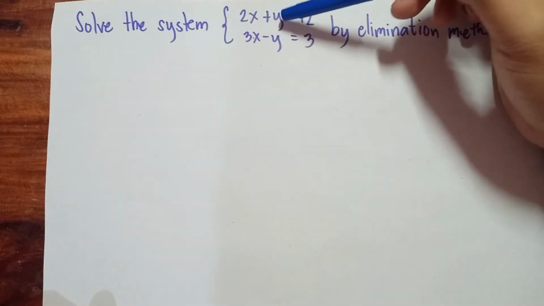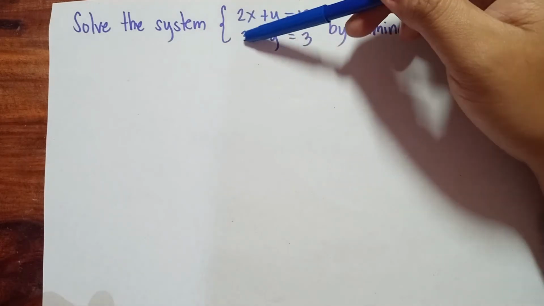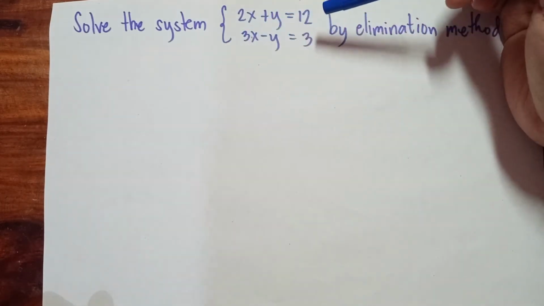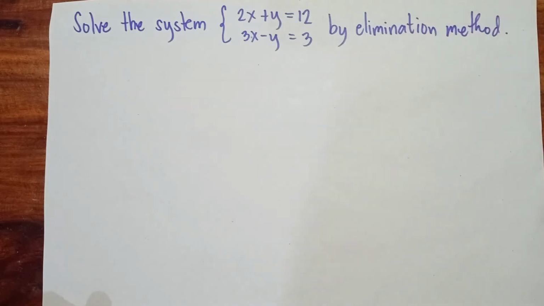So we have here 2x plus y equals 12. So naka-standard form yan mga boss. Next, the other equation, we have 3x minus y equals 3. Naka-standard form din mga boss. So no need na natin na i-rewrite pa sa standard form of a linear equation because naka-standard form na yung ating given system of linear equations.